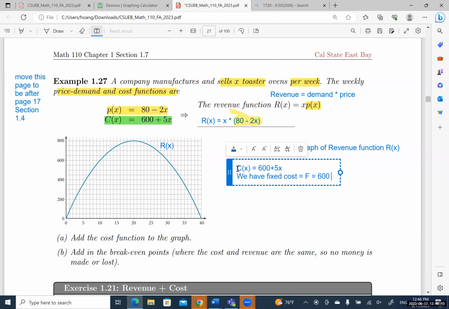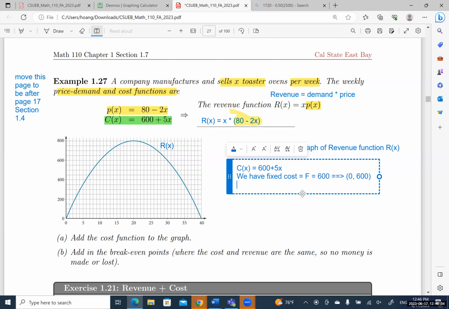So this will be the y-intercept of the cost function graph, right? Then the point is 0, 600.